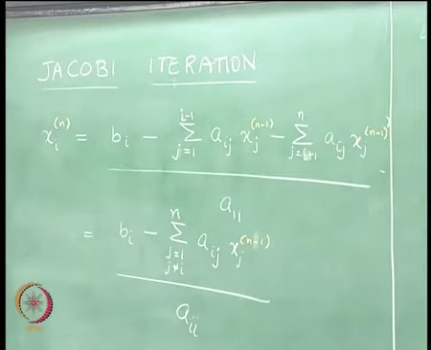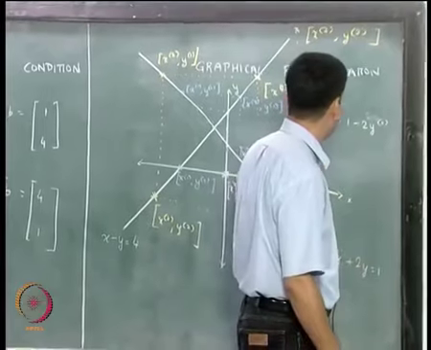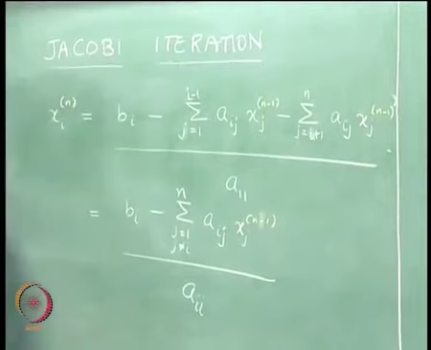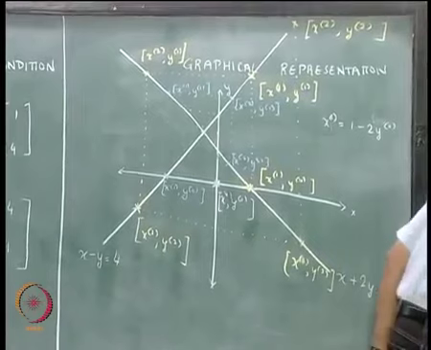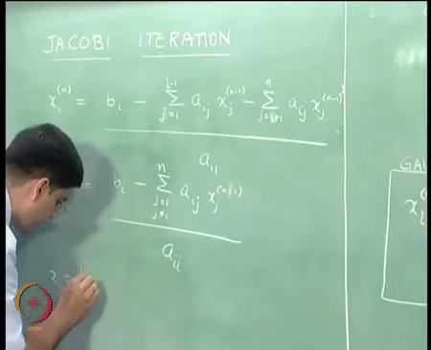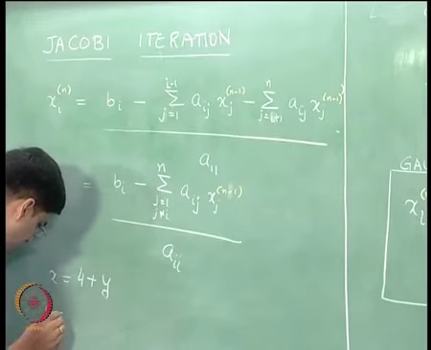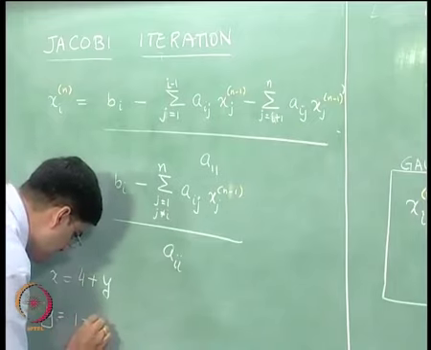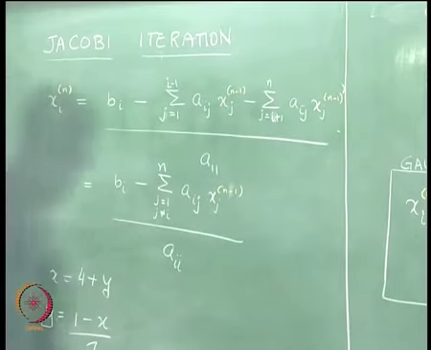To go back to the previous example of x minus y equal to 4 and x plus 2y equal to 1, we will write those equations as x equal to 4 plus y and y equal to (1 minus x) divided by 2.